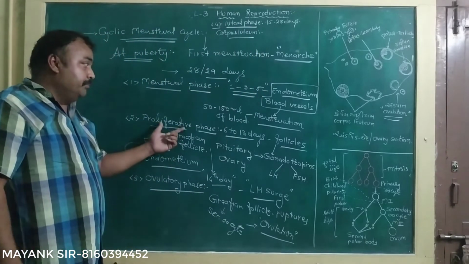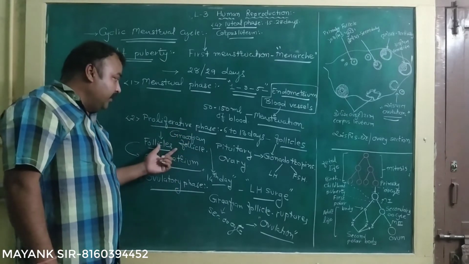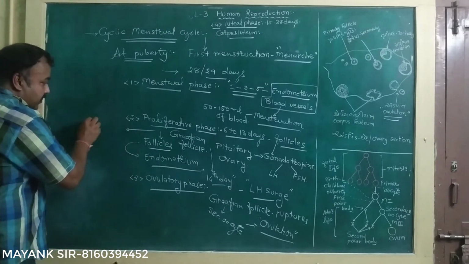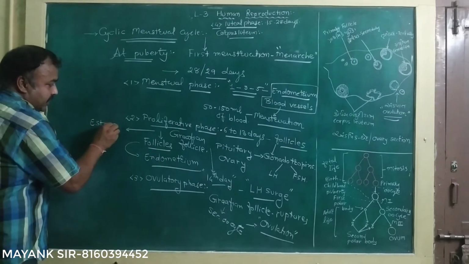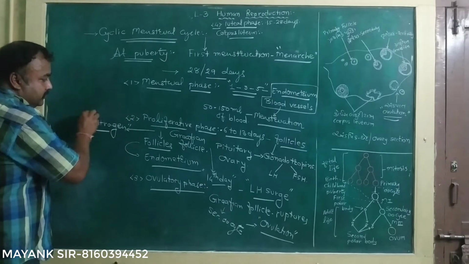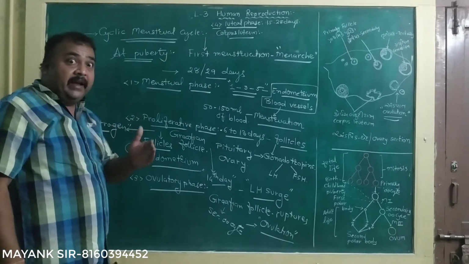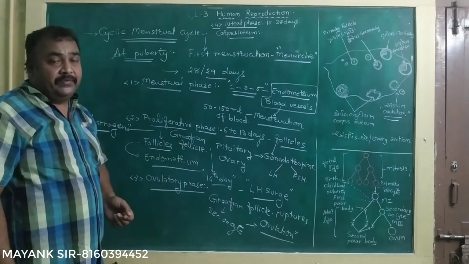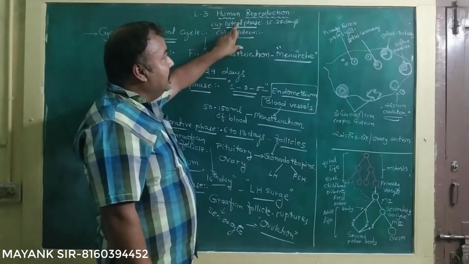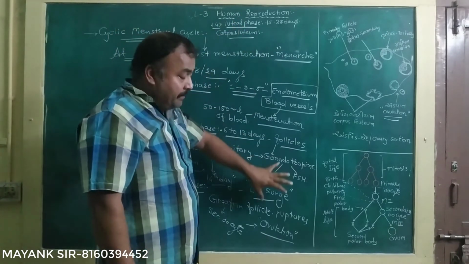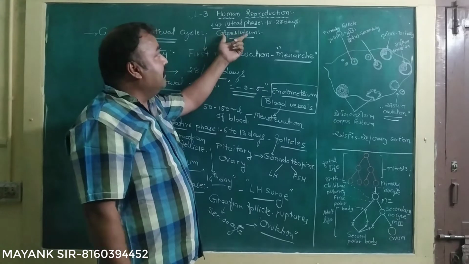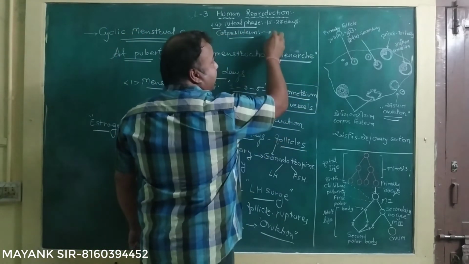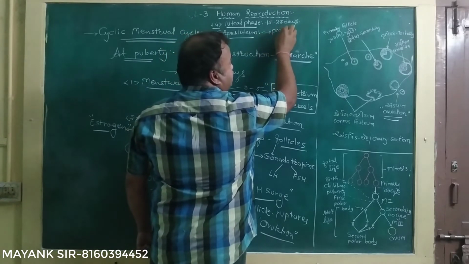See, in the proliferative phase, the development of ovarian follicles occurs, and the follicle releases the hormone known as estrogen, which again induces the ovarian follicles to grow into Graafian follicle. Whereas in the luteal phase, the ruptured Graafian follicle is converted into corpus luteum, and the corpus luteum secretes a hormone known as progesterone.